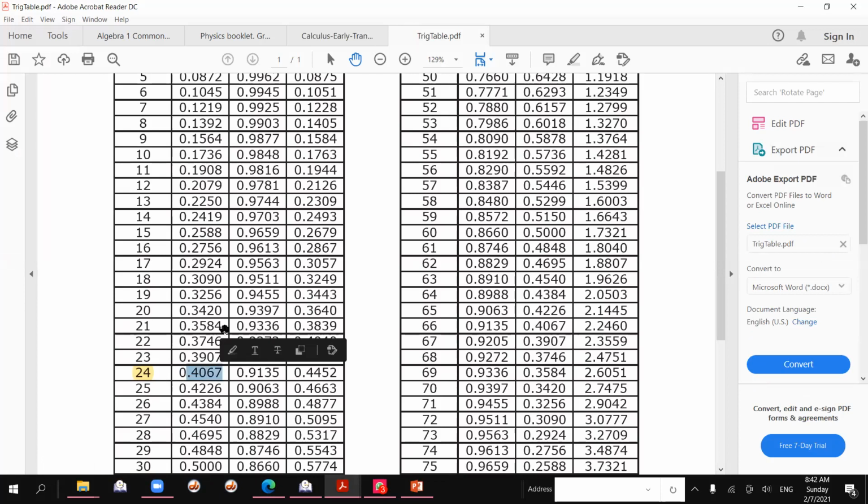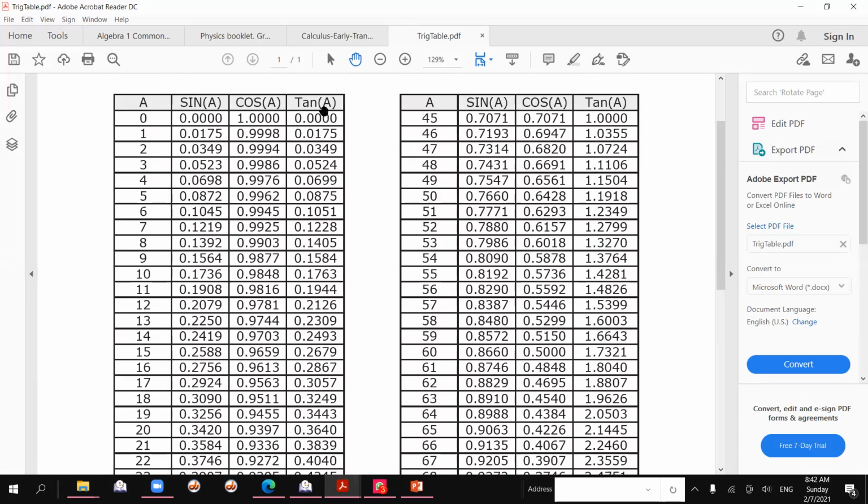Okay, the first column here is sine, the second is cosine, and the third is tan. So when I tell you to find the sine of 14 from the table, what is it? 0.2419. What is the cosine of 15? 0.9659.